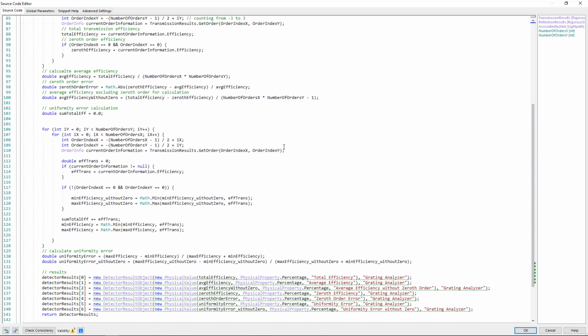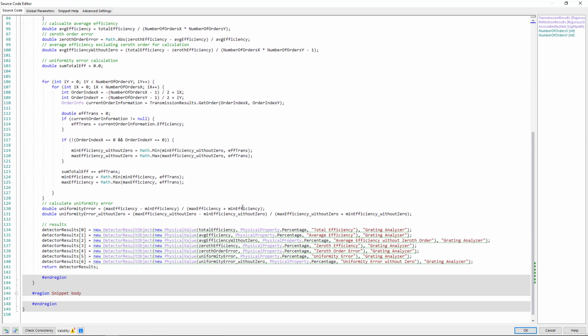And so that's what the code looks like. We're not going to go in detail through it, but we're going to show the total efficiency, the average efficiency excluding the 0th order, the 0th order efficiency, the 0th order error, which is basically comparing the efficiency of the 0th order against the average efficiency, the uniformity error, and the uniformity error excluding the 0th order.